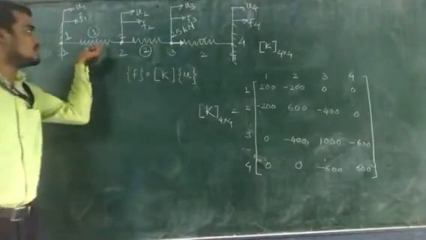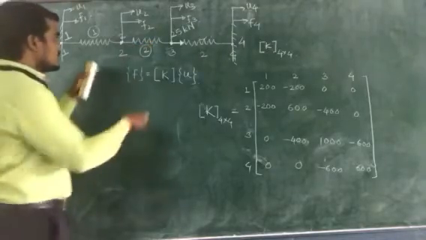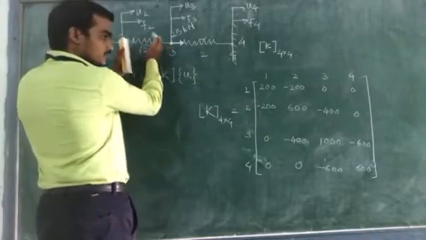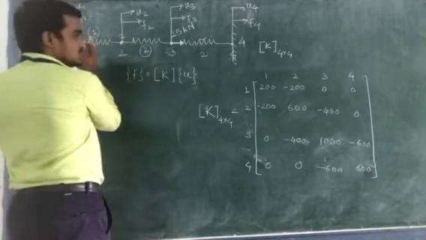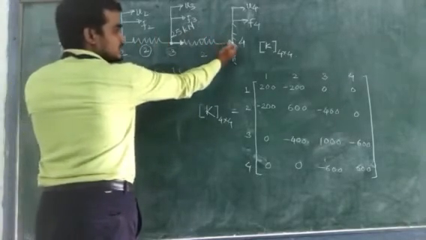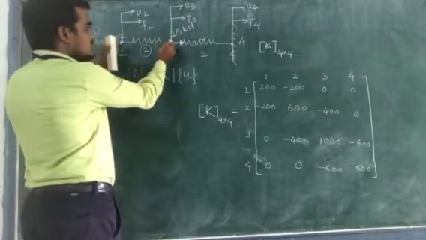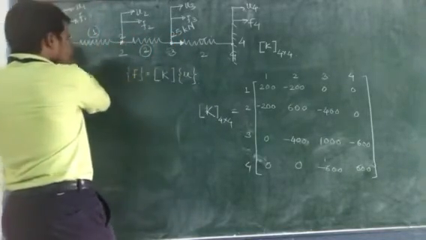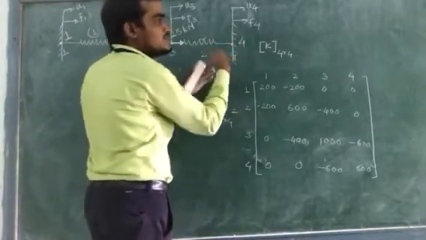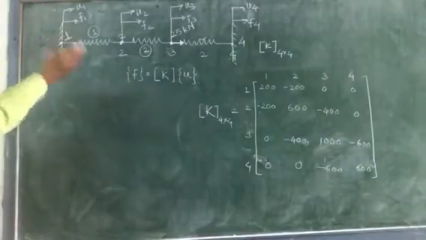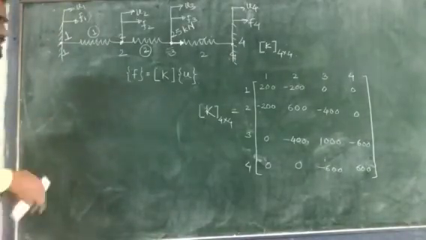So for the first element, there are two equations, then for the next element we will get only one equation, because this node is also common, this node is also common. So for this case we will get for the first node the first equation, second node the second equation, third node the third equation, fourth node the fourth equation. Means here there are 4 nodes, so we will get 4 equations.